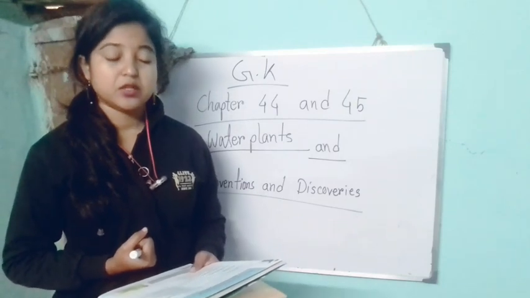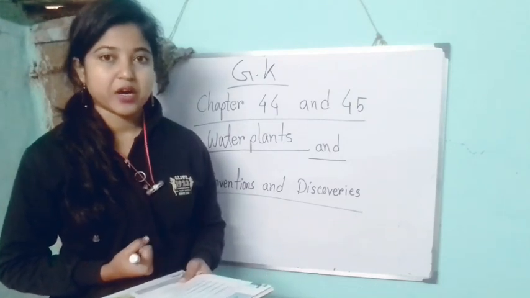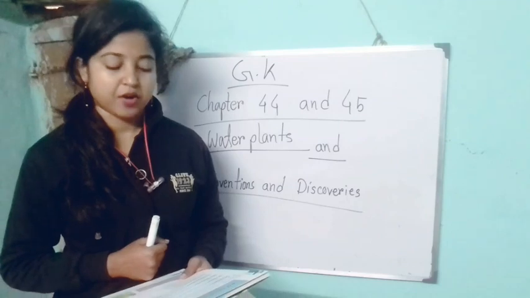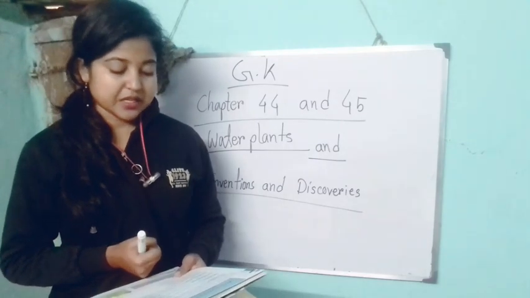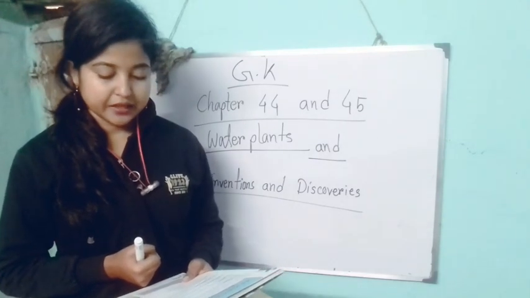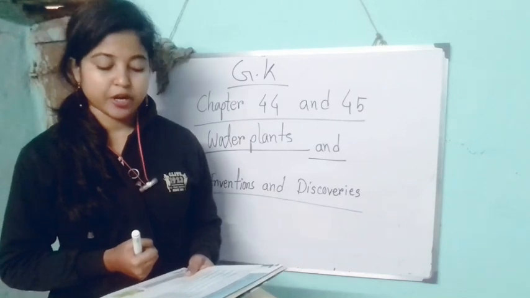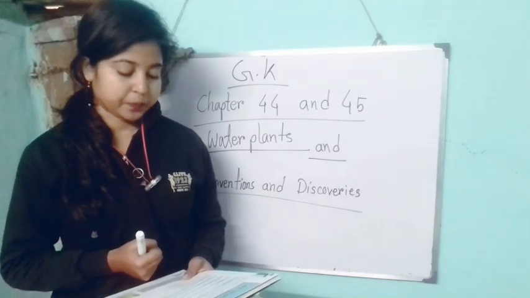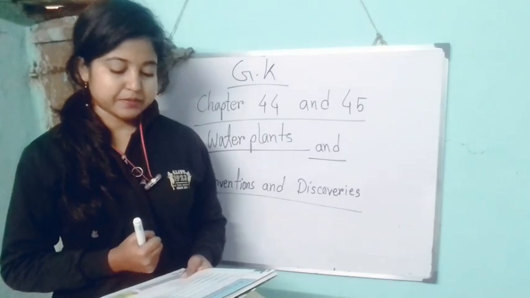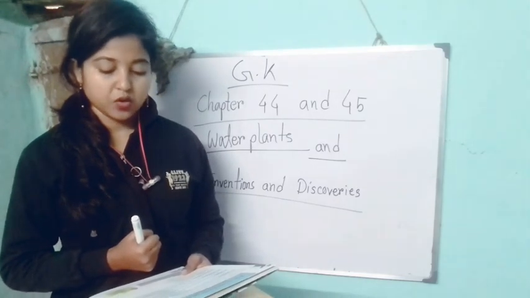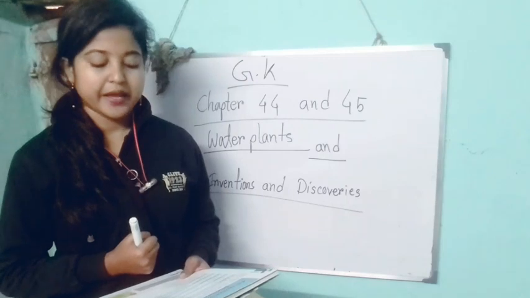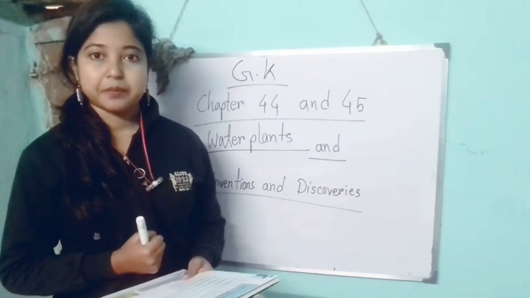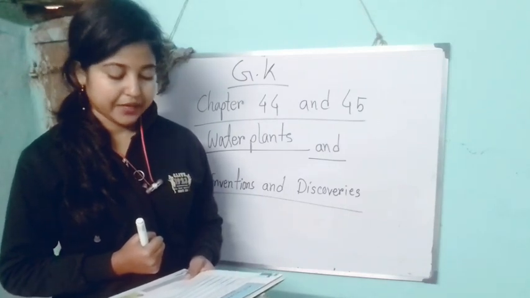Fountain pen. That is Lewis Waterman. Waterman invented fountain pen. Number 7, electric battery. Electric battery was invented by Alessandro Volta. Number 8, that is bicycle. Bicycle was invented by Kirkpatrick Macmillan.